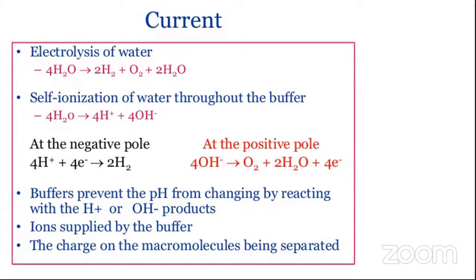So what are those entities which are going to be involved in generation of current during electrophoresis? To make you understand that aspect of electrophoresis, this is what is shown over here. It's basically electrolysis of water.